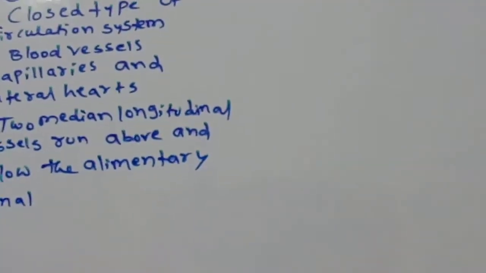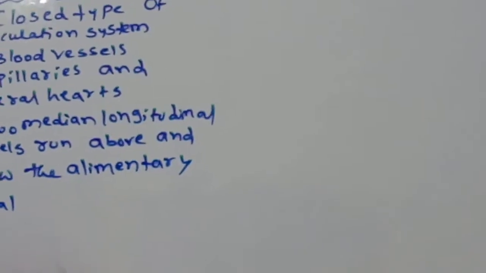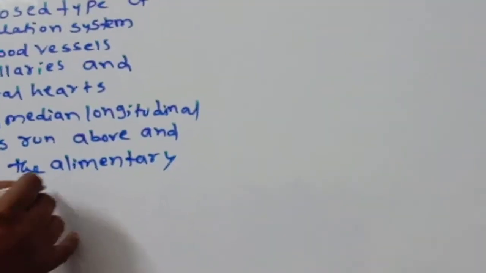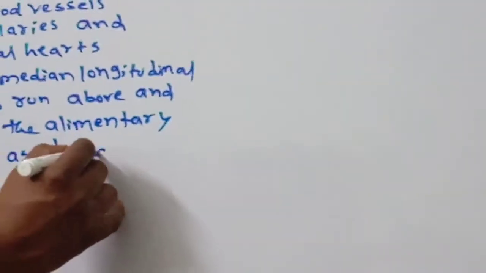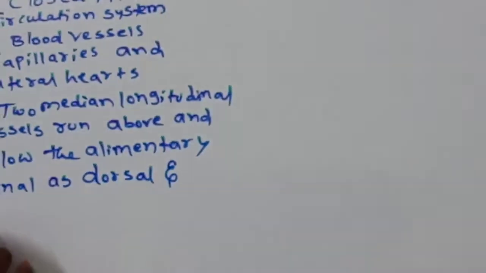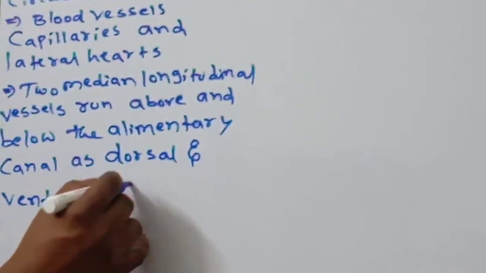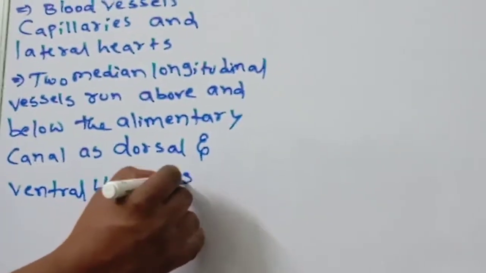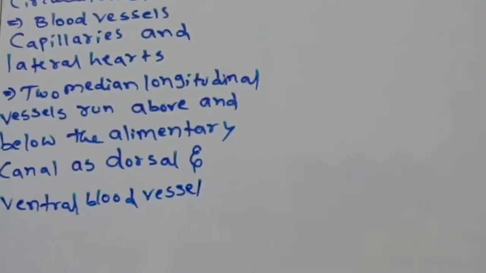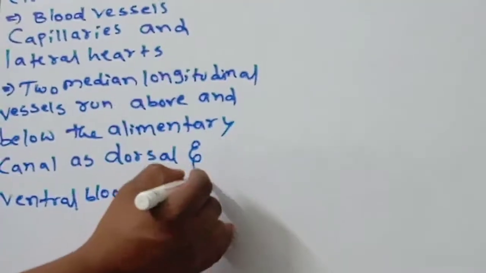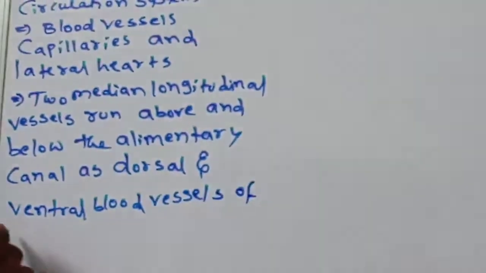Okay, children, as the dorsal and ventral blood vessels. Dorsal and ventral blood vessels of the earthworm.